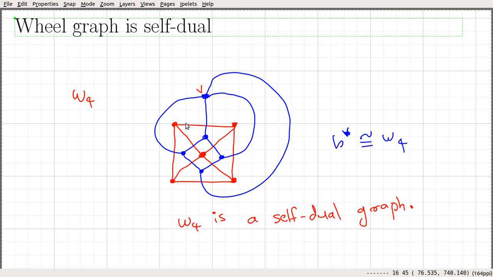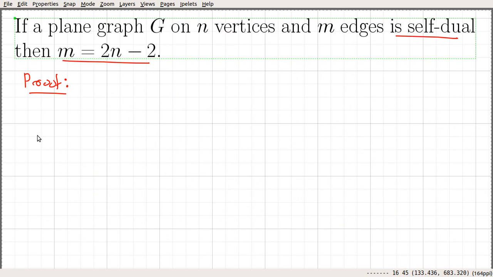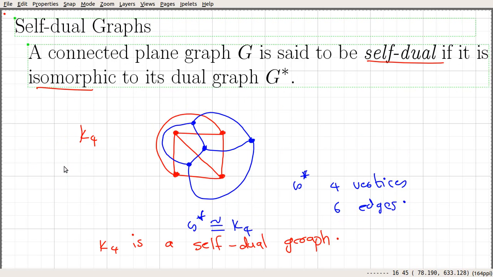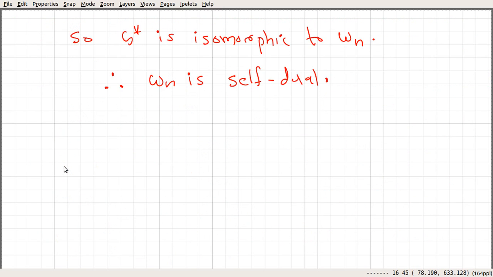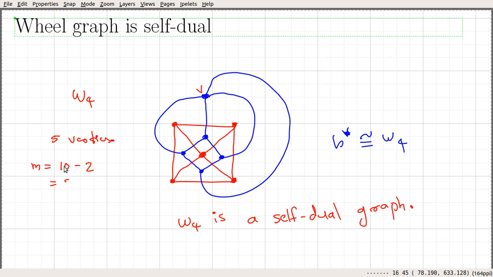I think we can very easily verify this in these cases. For example, consider this Wn. If it is a self-dual graph, then the number of edges is 2n minus 2, right? So m must be equal to 10 minus 2. Okay, it's W4, right?